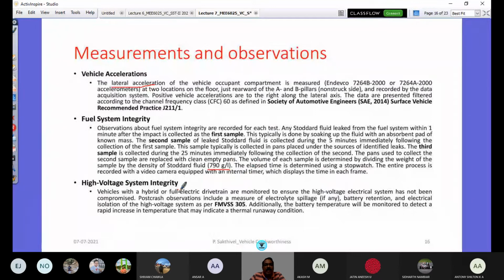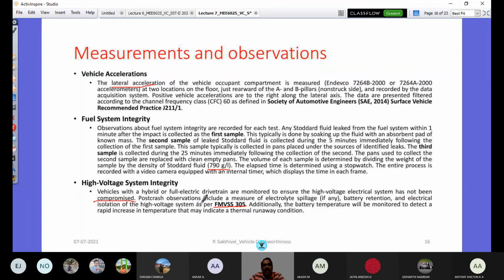Then high voltage system integrity. This is in the case of the test of an electric or hybrid electric vehicle complying with FMVSS 305. You have to look at this measurement. What is done in this measurement is that the high voltage electrical system is monitored to ensure it has not been compromised.